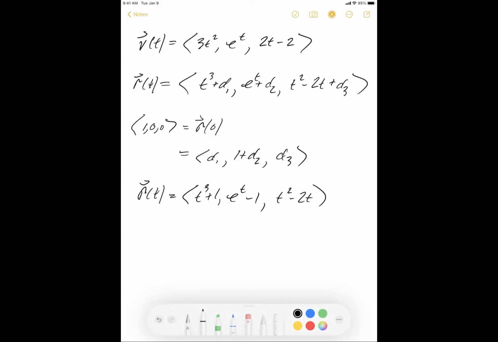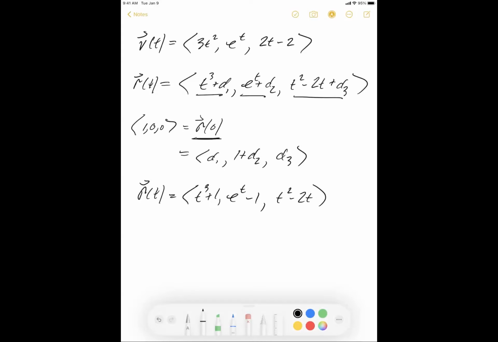What are you plugging in? Like, when you have d1, comma, 1 plus d2, where are you getting that from? Okay, so we know what r of 0 is. Well, r of 0 means plug 0 in for t in each of those spots. Okay, so you get 0 plus d. Okay, that makes sense.